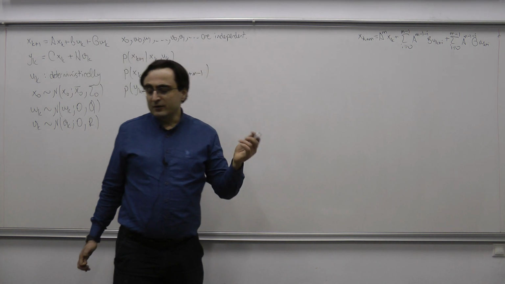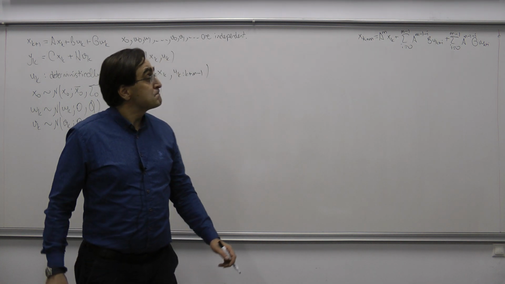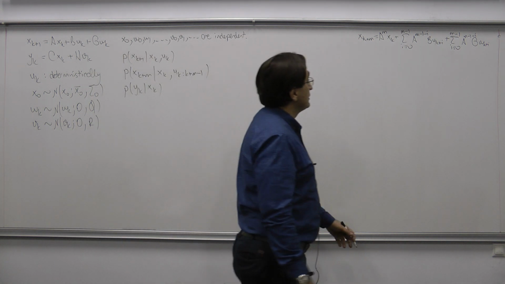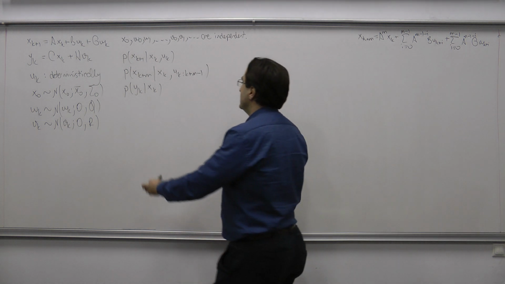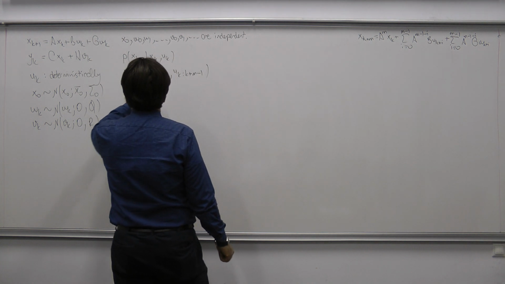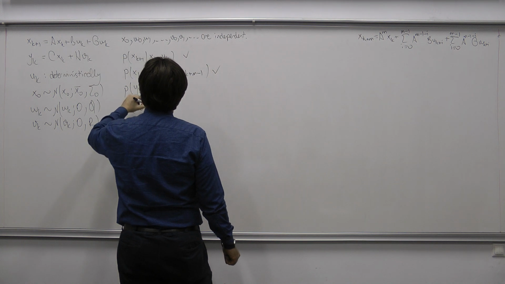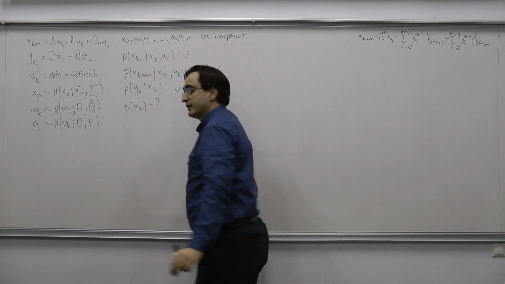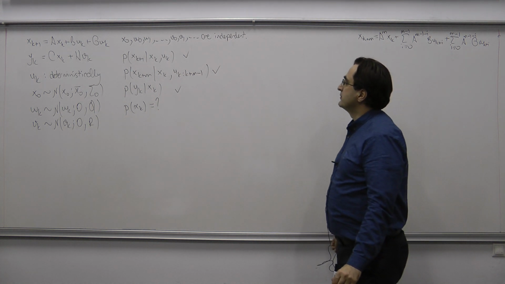And starting from that point, I can actually try to obtain the marginal distribution of the state, the unconditional marginal distribution of the state. So we have already found these, and I'm asking the question of what is p of x_k, the marginal distribution of the state.